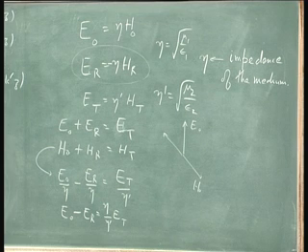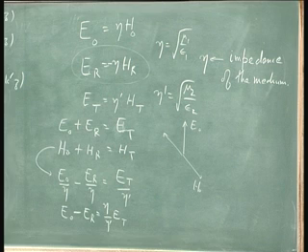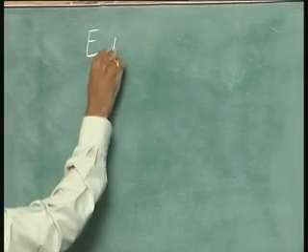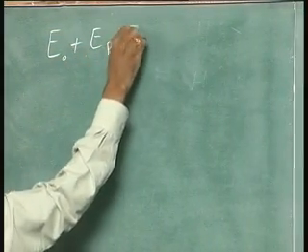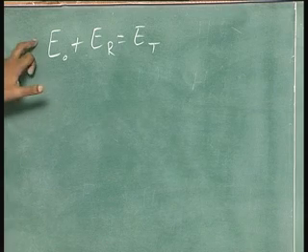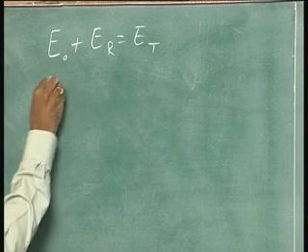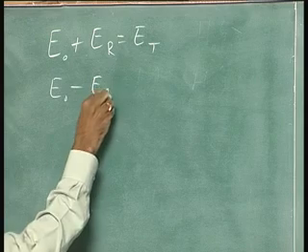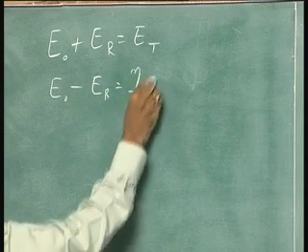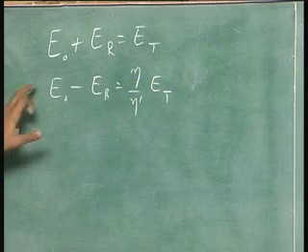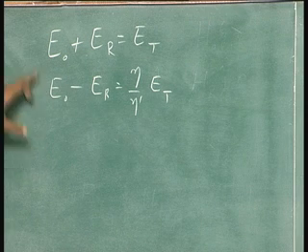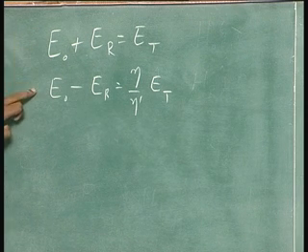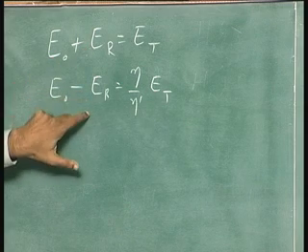So, I am going to write those 2 equations out, and let us take a look at it. My first equation is E naught plus E r is equal to E t, continuity of electric field, and then I have E naught minus E r is equal to eta over eta prime E t, continuity of the magnetic field.